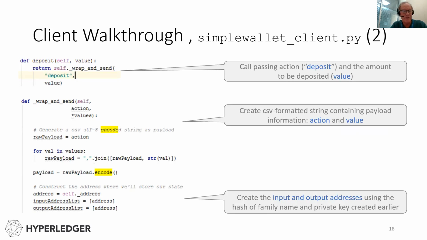So for a deposit, the input and output addresses are the same because we would read the current balance, add to the amount deposited, and write that new balance out to that same address in global state. So for this very simple transaction, the inputs and outputs are the same. There's one input and one output.